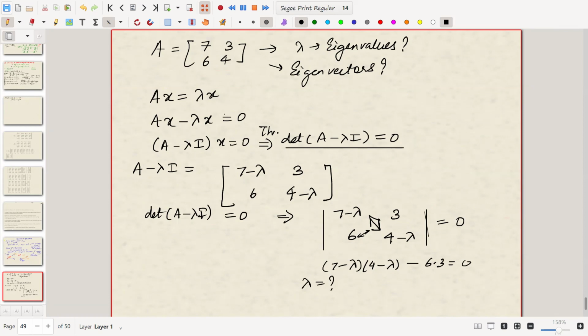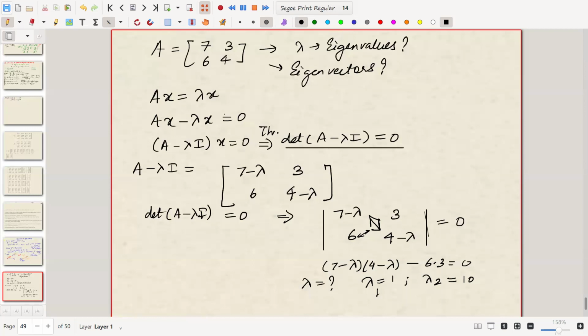Okay, great. So as you said, the values are 1 and 10. So we get lambda 1 equals 1 and lambda 2 equals 10.